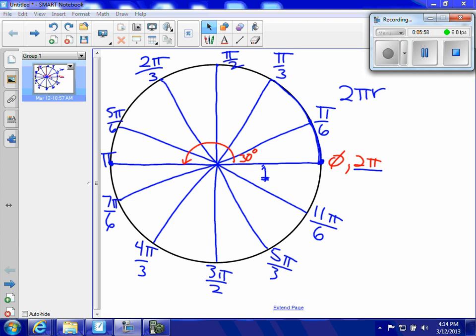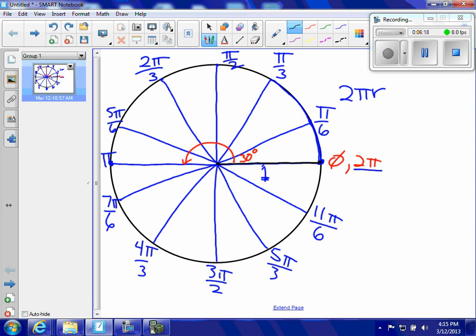This 30-degree angle will become important in another minute or two, but for right now, I'm going to propose a different way of measuring angles. I don't want to measure angles in degrees. I want to measure angles in something that I'm going to call a radian. So a radian is the length of the radius.